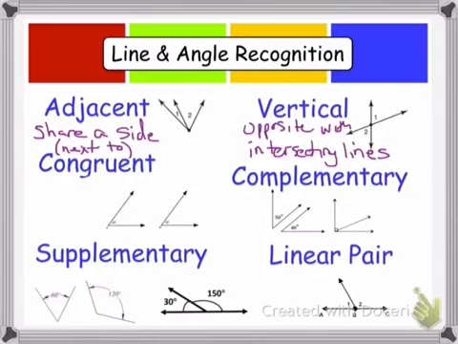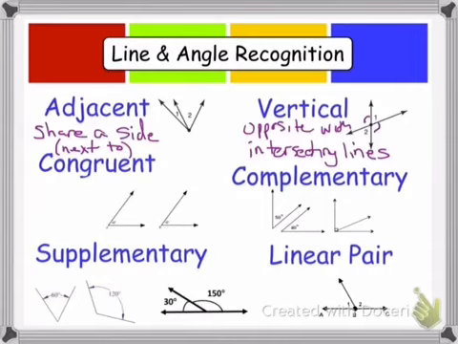So angle 1 and angle 2 are vertical angles. They are opposite of each other with these two intersecting lines. This angle here and this angle here are also vertical angles because they are opposite of each other with these intersecting lines.